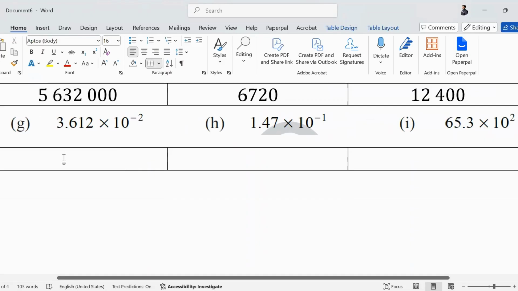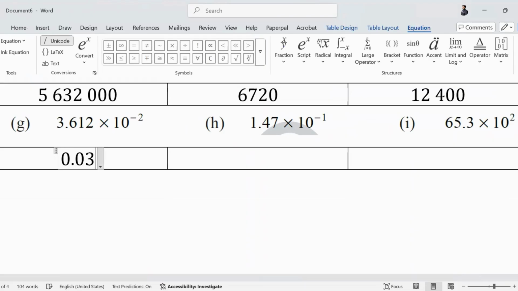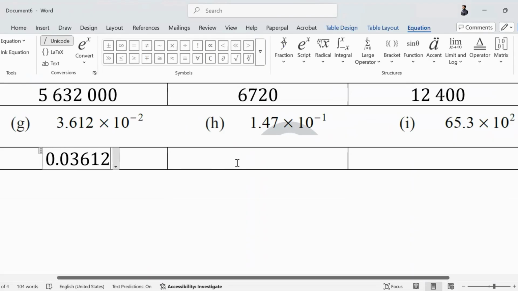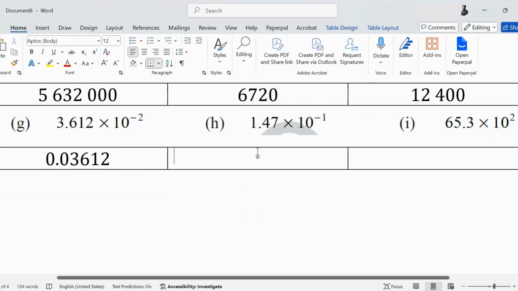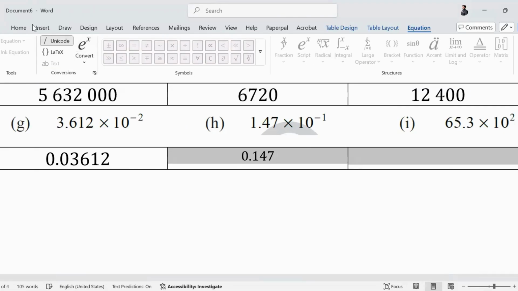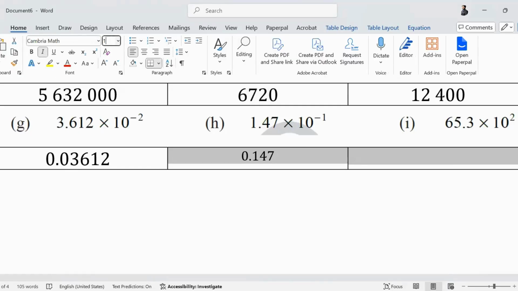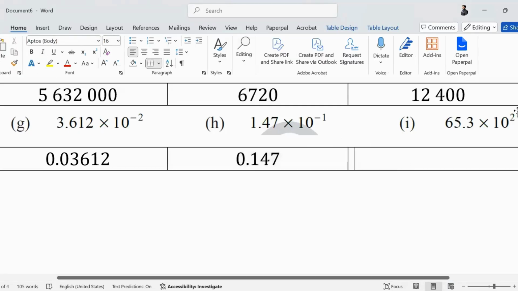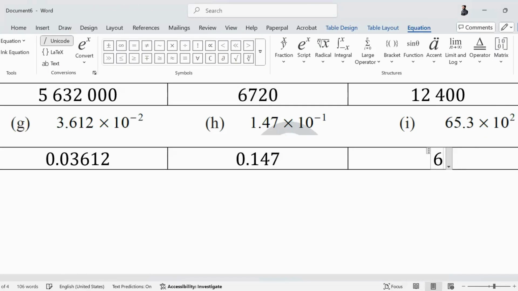So 2 decimal places to the left, 0.03612. 1 decimal to the left, 0.147. And then this one, positive exponents, 2 decimal to the right, 6530. Is this clear?